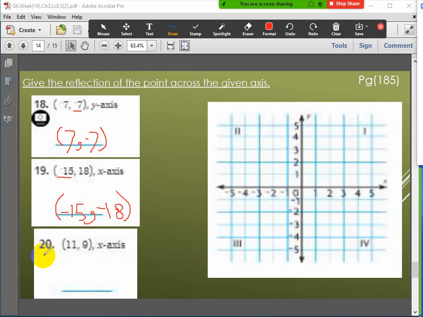What about the last one? 11, 9. I want the reflection across the x-axis. What is the x? The x is 11. That means the 11 will be the same. The y will be the opposite. The y is 9. The opposite of 9 is negative 9. Okay, girls?